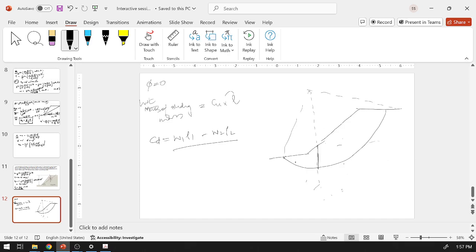Let us divide the wedge like this. This is weight 1, this is weight 2. This is L1. This is L2. So if you see, the moment about O here is in this direction, whereas here it is in this direction. This is the disturbing moment while this is a restoring moment. So this part of the slope is acting as a stabilizing part.